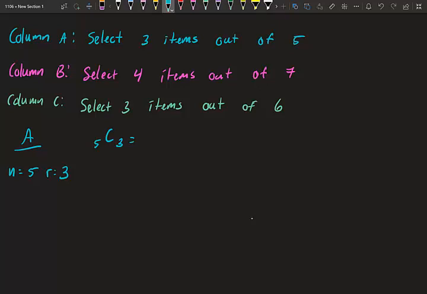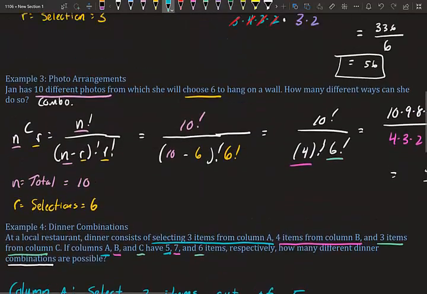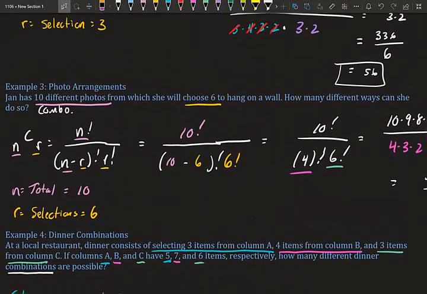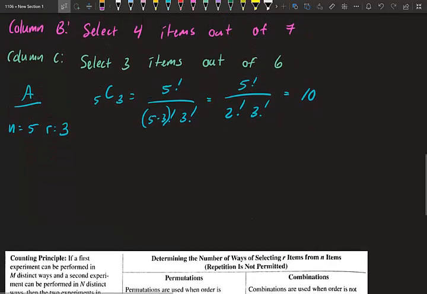We have n factorial, so 5 factorial, over n minus r, so 5 minus 3 factorial, and then r factorial, so 3 factorial. So we have 5 factorial over 5 minus 3, which is 2 factorial, and then 3 factorial. You know how to simplify from here. 5 factorial over 2 factorial, 3 factorial, equals 10. So our first column, you have 10 different combinations.